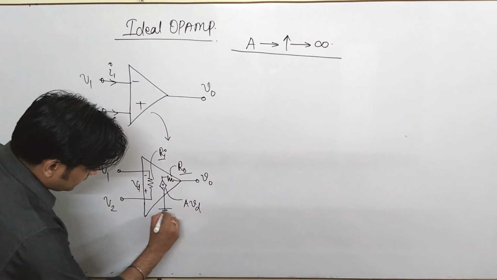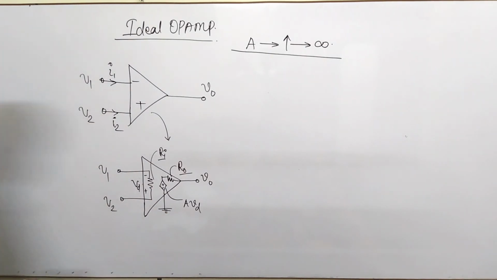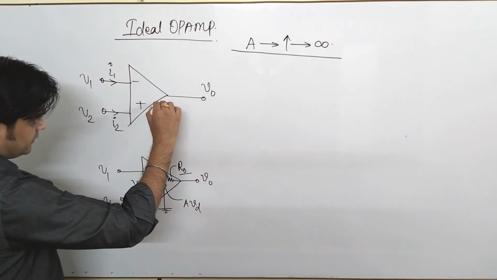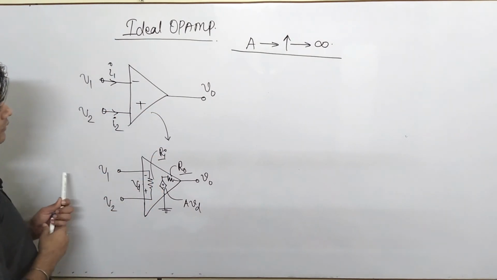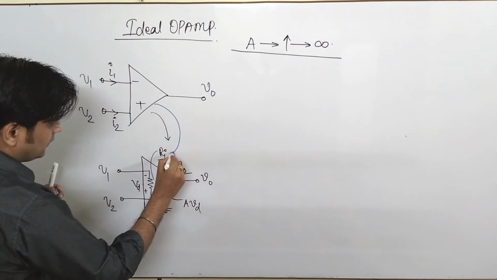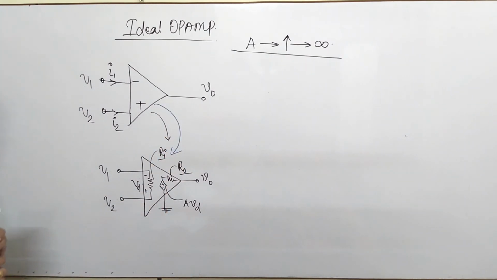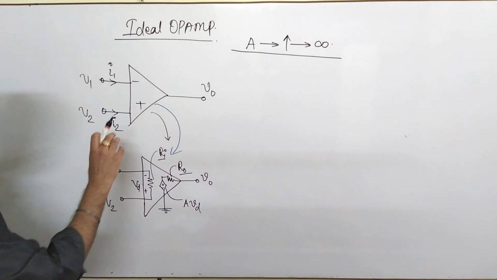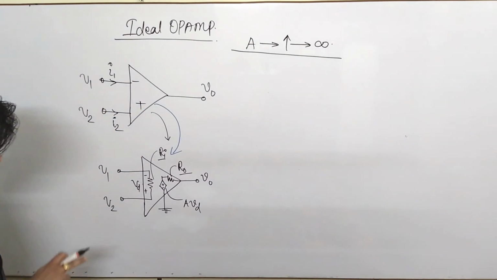So friends, now please see this. What I did is I just converted this triangular figure in this way. Now, as I said, we are trying to get what an ideal op-amp is, so this is its equivalent diagram.